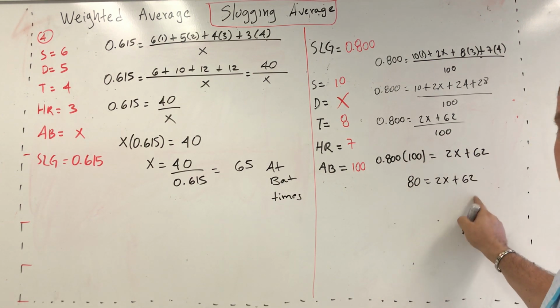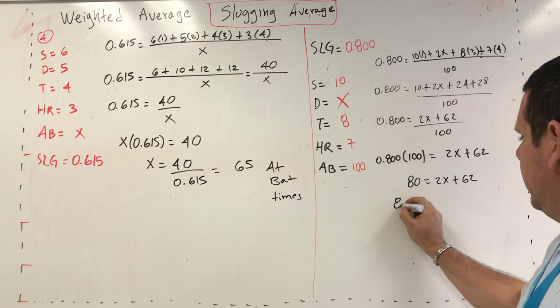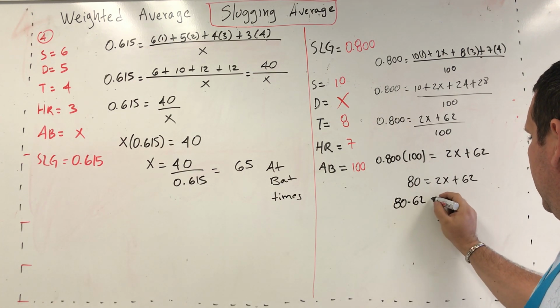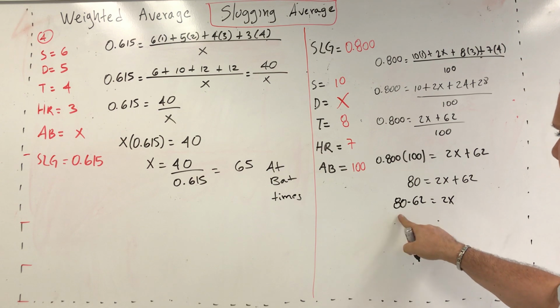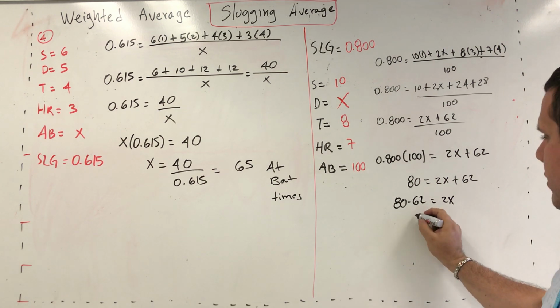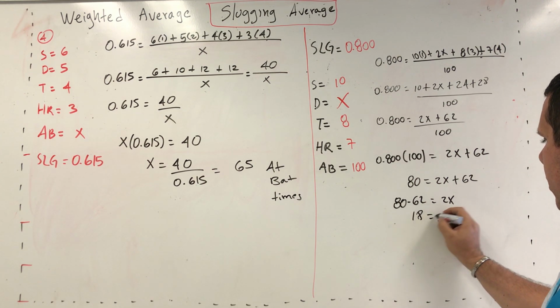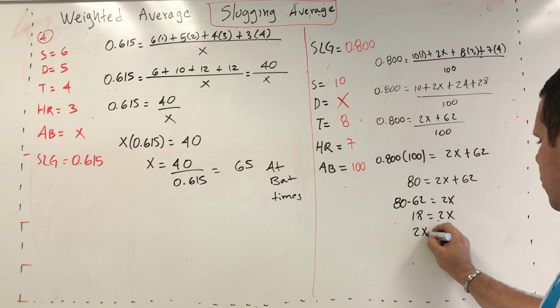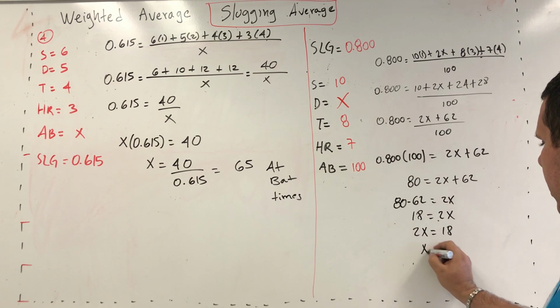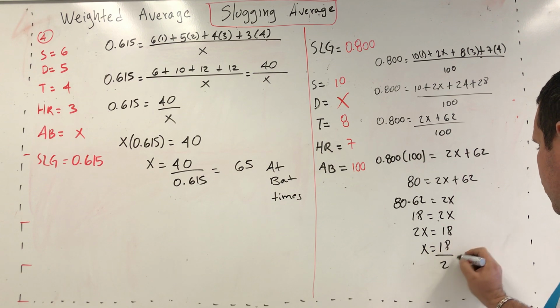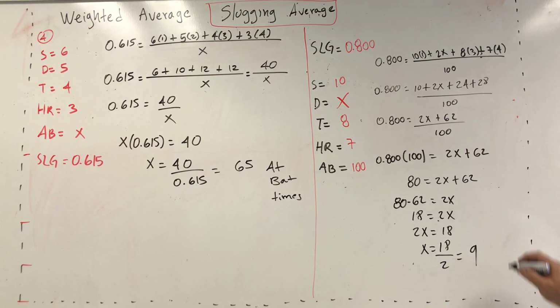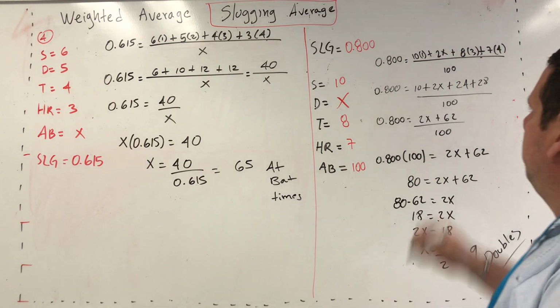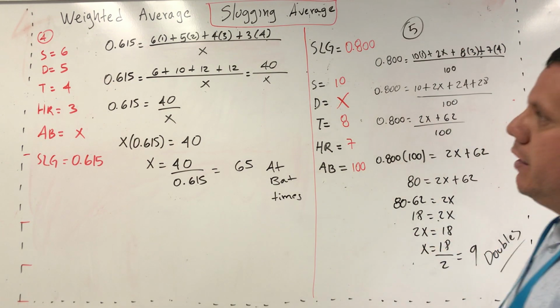I can move the 62 to the other side as a negative, and we have 80 minus 62 equals 2x. 18 equals 2x. 2x equals 18. X equals 18 divided by 2, which is 9, or 9 doubles. Please also copy this, and this is the 5th problem for direct instruction.